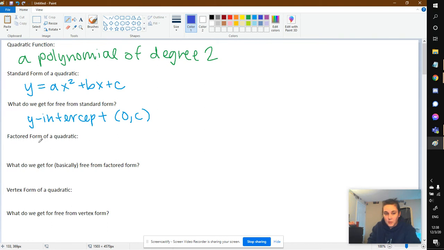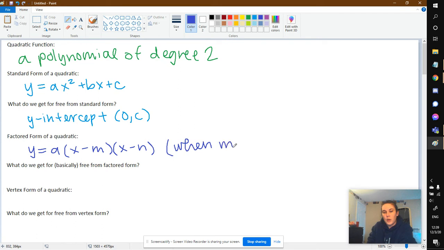What is the factored form of a quadratic? The factored form also has this a term out front, but now is in two binomial factors, where we have a times (x minus m) and (x minus n). And then just a note, when m and n are negative, our factored forms will have pluses.